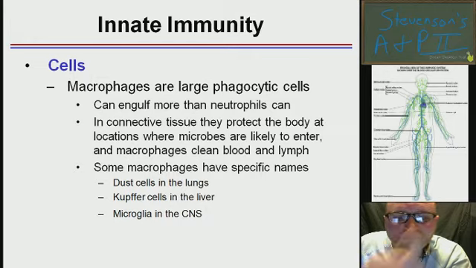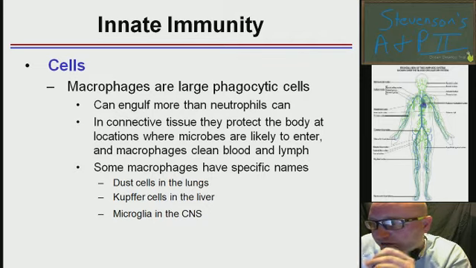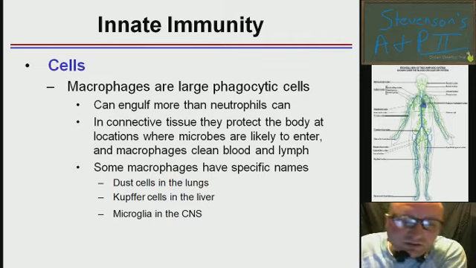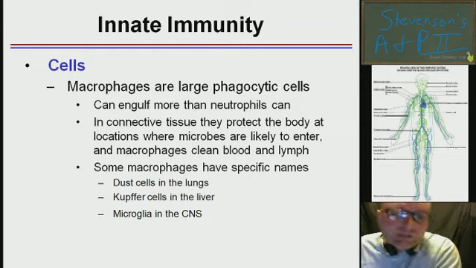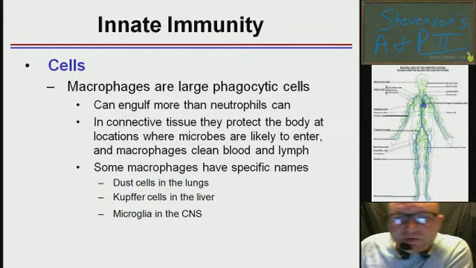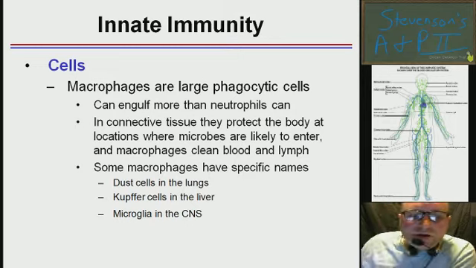And macrophages can then clean the blood and the lymph tissue. Some macrophages can even have specific names. Dust cells are found in the lungs that help destroy some of the dust that comes in, which contain particles of bacteria. And then you also have the Kupffer cells in the liver, as well as the microglia in the central nervous system.